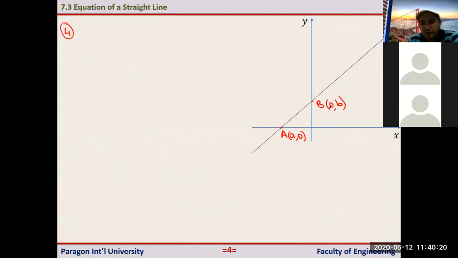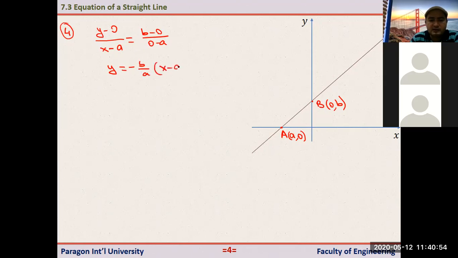How can I write the equation of this one using the gradient? Okay, this one is (y minus 0) over (x minus a) equals (b minus 0) over (0 minus a). Now if you simplify this, what do we have here? y is equal to minus b over a times (x minus a).